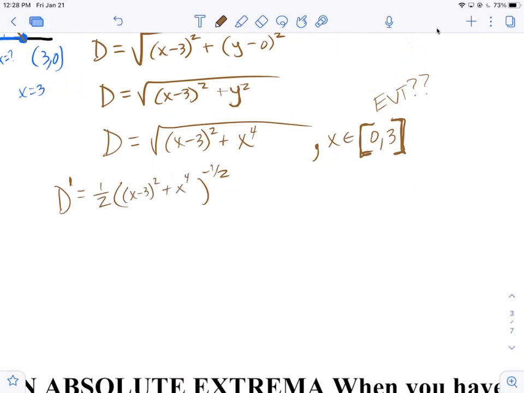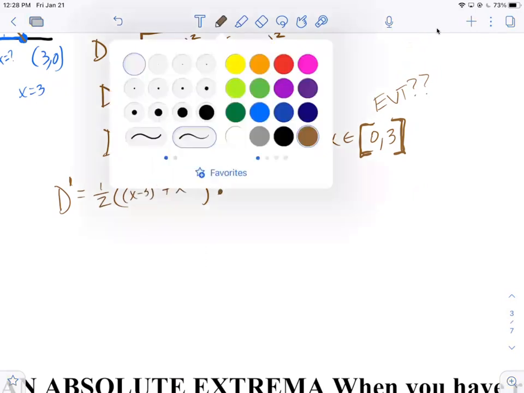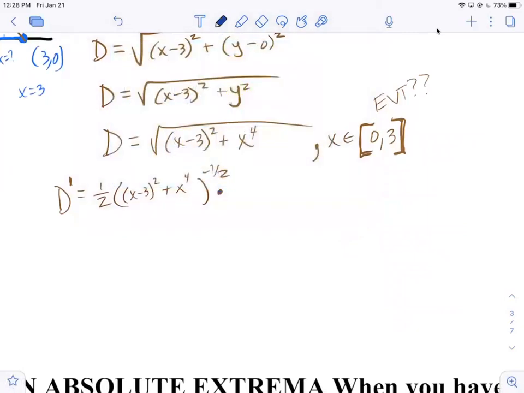Okay, that's good. Times, I'm going to switch flavors here, beefy blue, times the derivative of the radicand, the inside, which by the chain rule is 2 times x minus 3 to the first times the derivative of x minus 3, which is 1. That's nice. Plus the derivative of x to the fourth is 4x cubed.